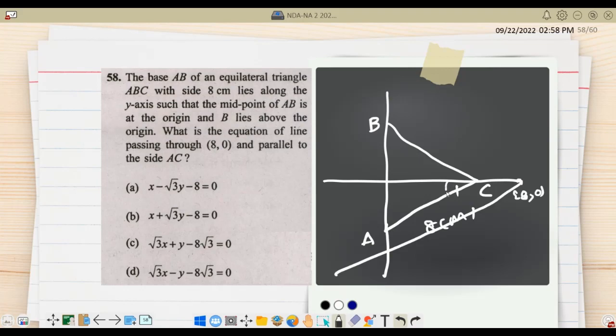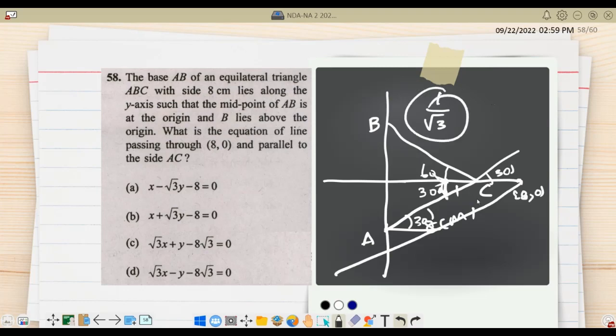This angle is going to be 30 degrees because this line will bisect the 60 degrees. So this line is making a 30-degree angle with the x-axis. So the slope of the line AC is tan 30, equal to 1 by root 3.